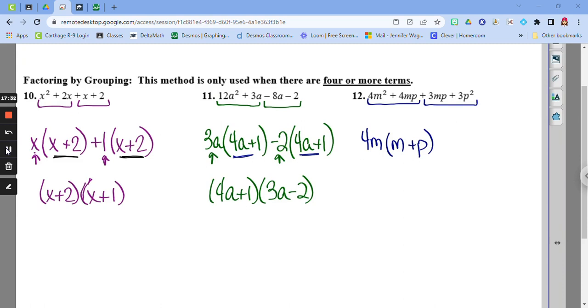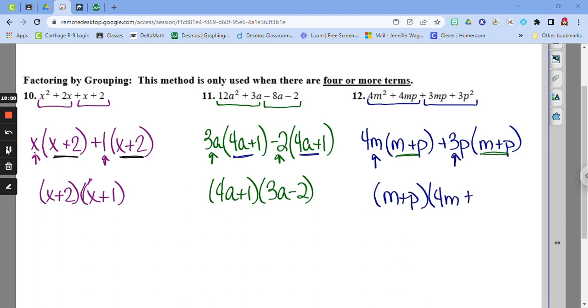The next group, both of those can be divided by 3p. And 3mp divided by 3p is m. 3p squared divided by 3p is p. So once again, I have m plus p as a match. So m plus p, and then 4m plus 3p as the other piece.